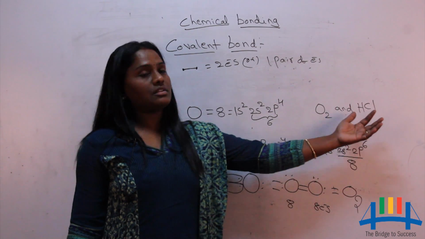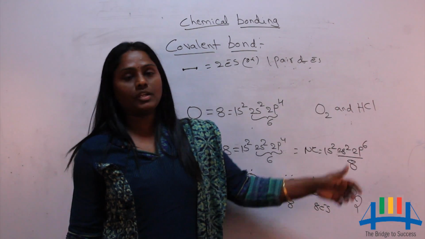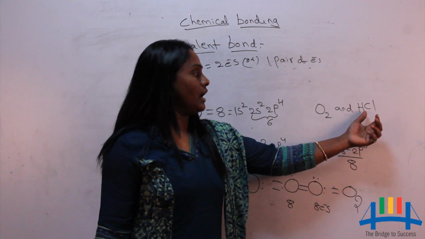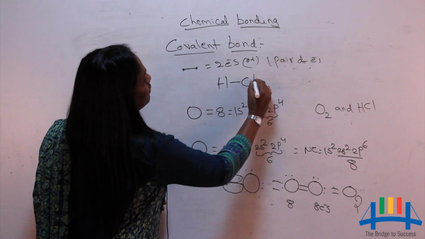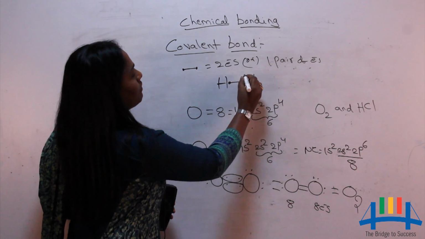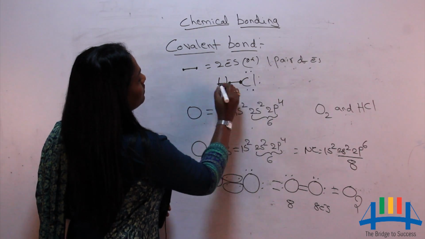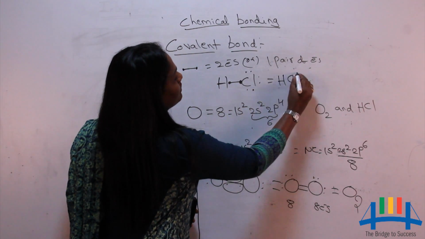Like this you can also write the HCl molecule, but it is a heteroatomic molecule. With only one electron from hydrogen and one electron from chlorine, you get HCl with a single bond.